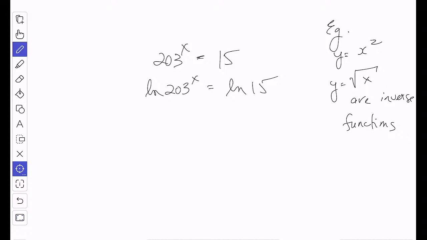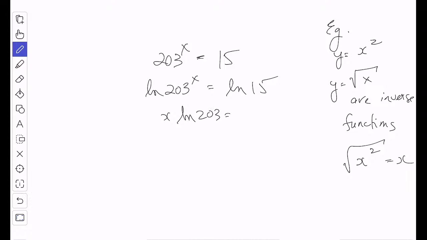But I'm just trying to make a point. If I do x squared and then I square root it, what does it do? It neutralizes, right? It gets rid of that exponent. While when the exponent is the variable, then logarithm is the inverse function, and it neutralizes the power. So it goes down. That's the way I think about it.